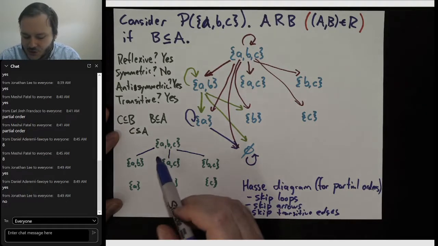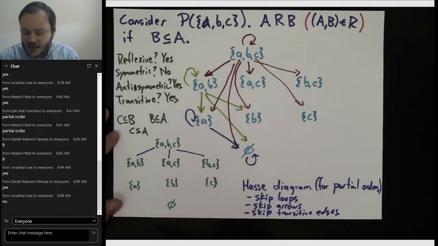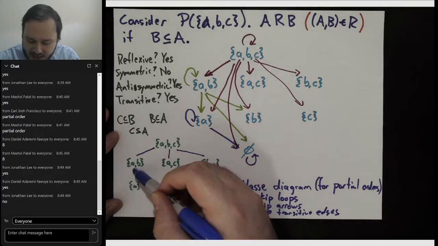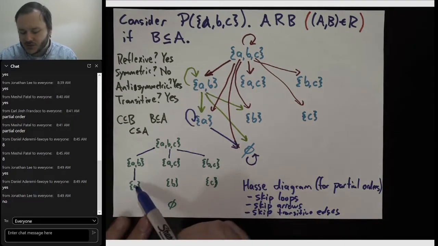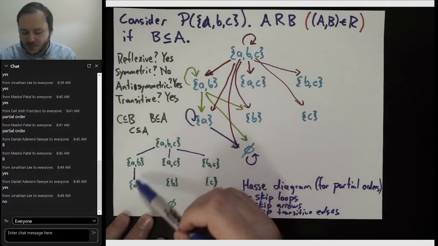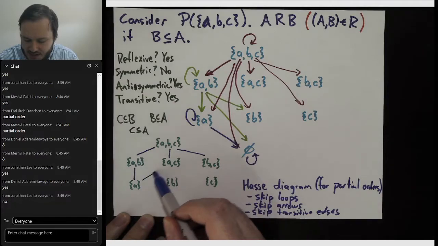And it is true that ABC contains A, but AB also contains A. And so the line from A to ABC is implied by transitivity. So I don't have to draw it. A is also contained in AC.